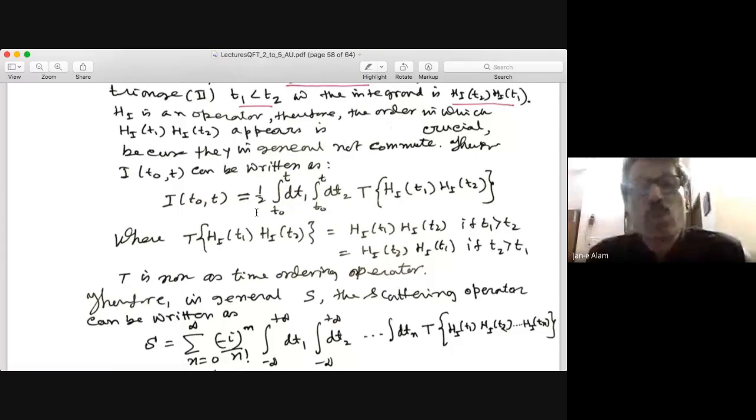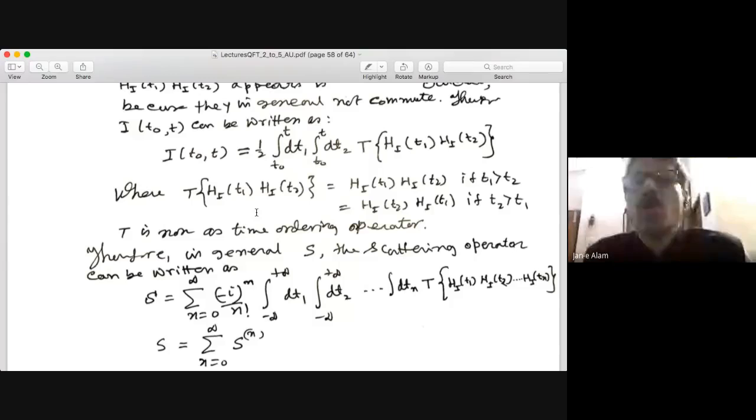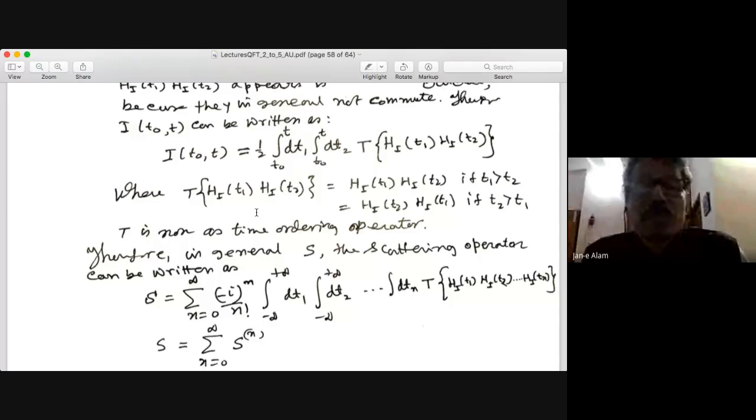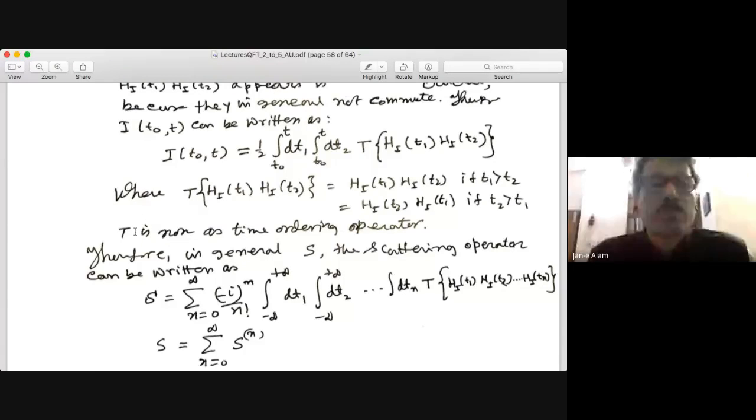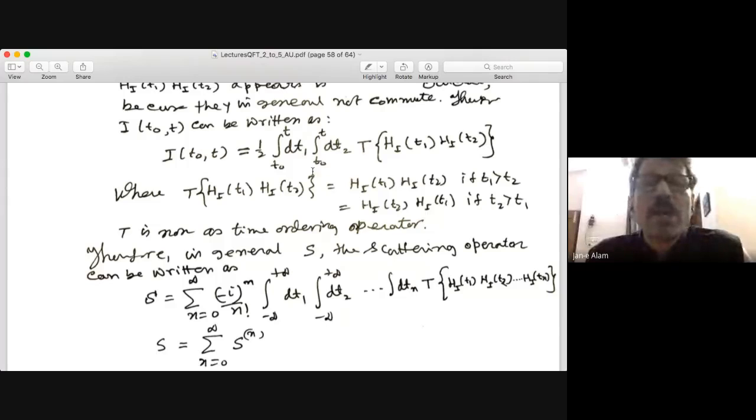Please go through this, it is written in very detail, so it will be very interesting, but it is very much required. Now, this T is a time ordered product, time ordered operator, as I have told you. By doing that, the limit of the integration is from T0 to T. So now I can take the limit T0 to minus infinity, T to plus infinity.